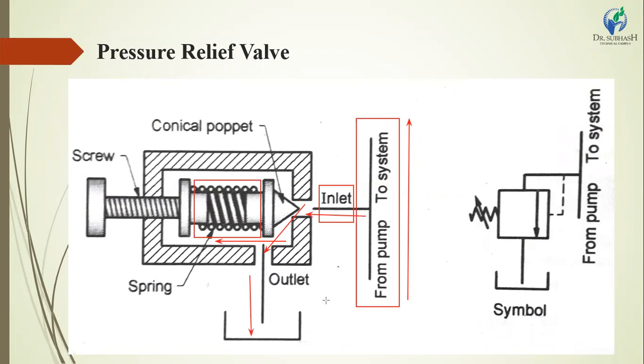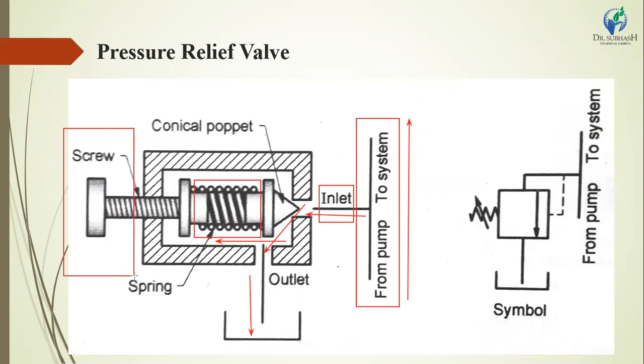It creates a system limit pressure and maintains the hydraulic system. If we require the pressure limit setting to be increased or decreased, we can adjust the screw by moving it clockwise or anticlockwise as per our requirement.